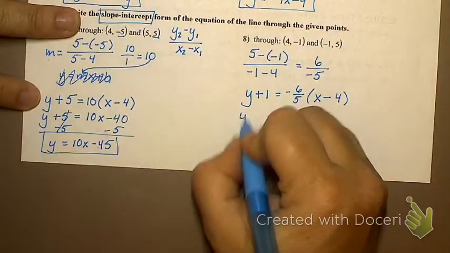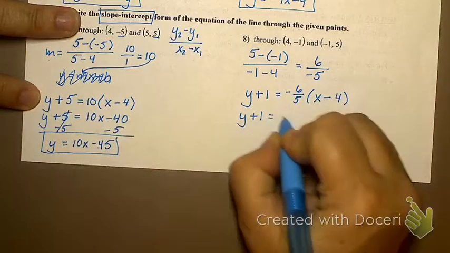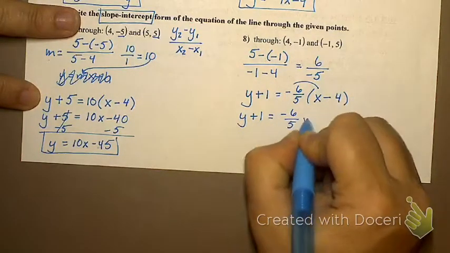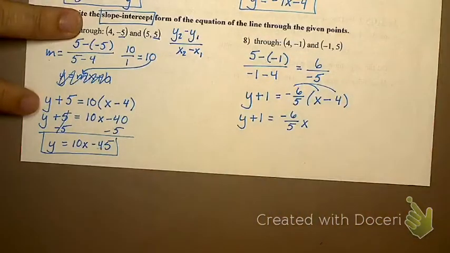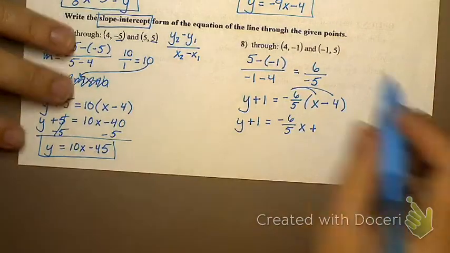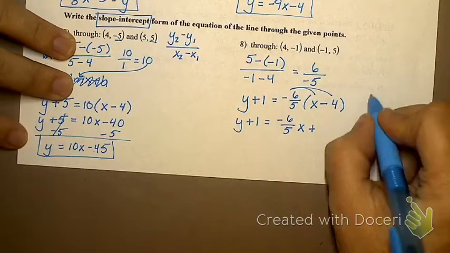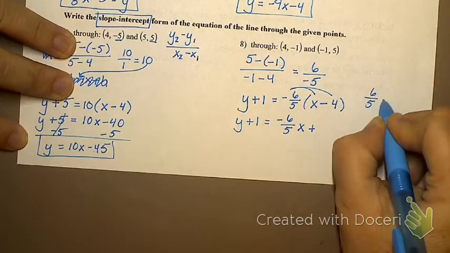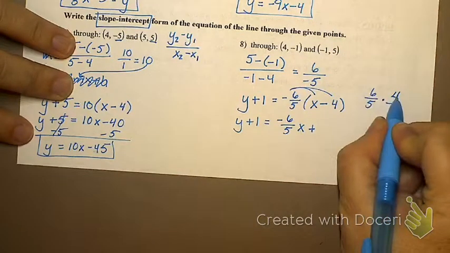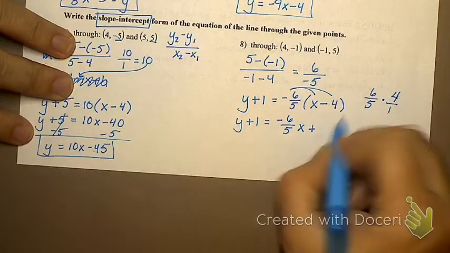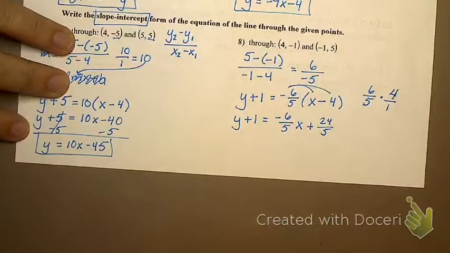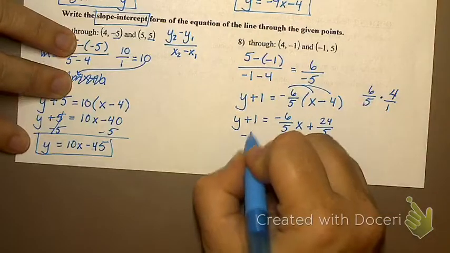So y plus 1 equals negative 6/5 x. And what do I get when I multiply? Well, negative times negative is going to be a positive. What's 6/5 times 4? Isn't that 4 over 1? That would be 24 over 5. Yeah? I have one more step, and that is to subtract 1.